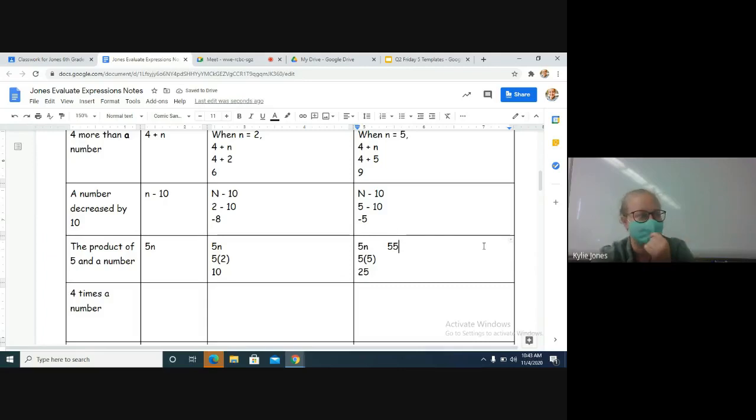That's one of the most common mistakes, because 25 and 55 are much different numbers, right? So keep that in mind, that when you replace the variables, you're multiplying and not just putting in, suddenly making it a new number, okay?